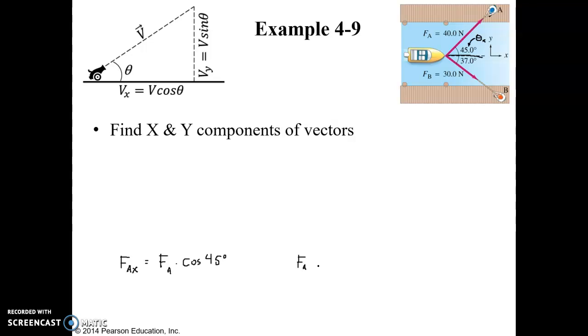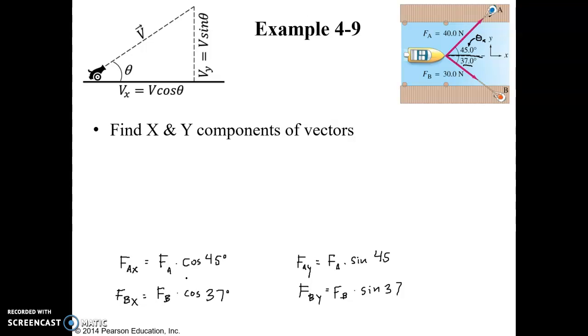FA in the y direction is going to equal FA times sine of 45. For force B in the x direction, it is going to be force B times cosine of, now this one's at a different angle, force B is at an angle of 37 degrees. And force B in the y direction will equal force B times sine of 37.